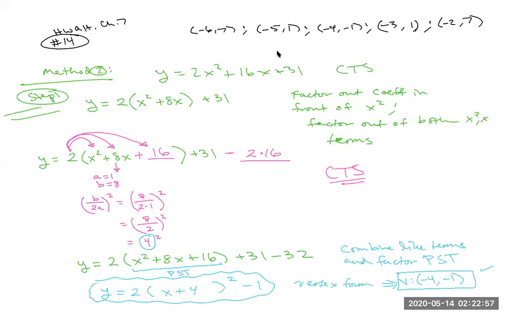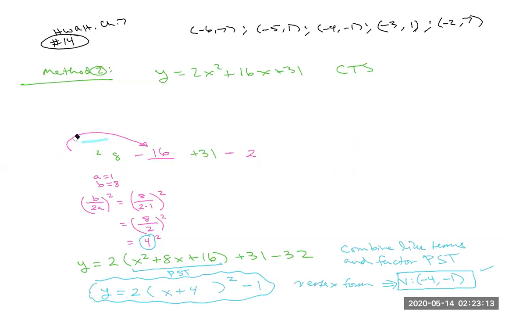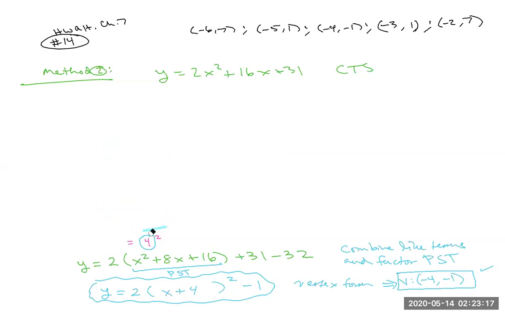Okay, let me clear this out. Step 2 and step 3 are exactly the same as it was in method 1. Basically, we're going to make a table and we're going to center that table around the vertex.